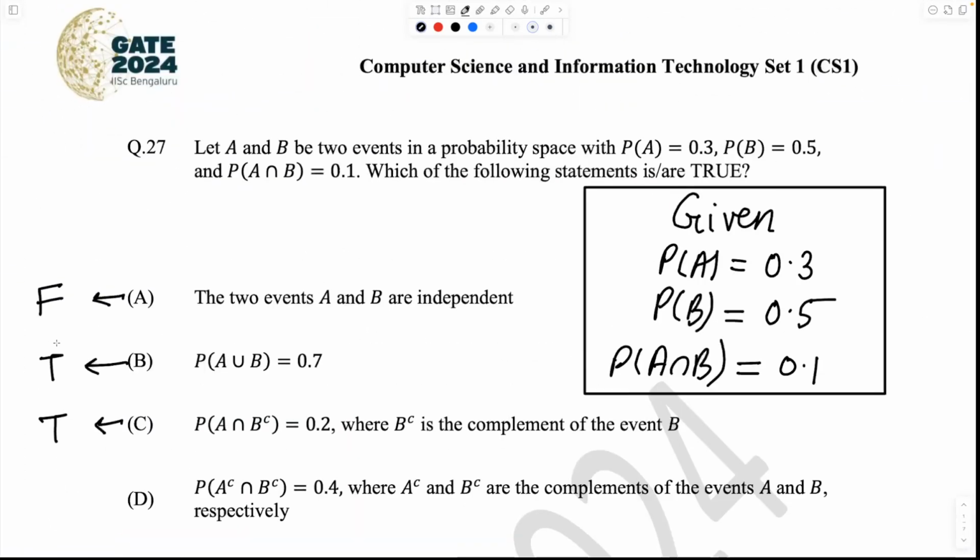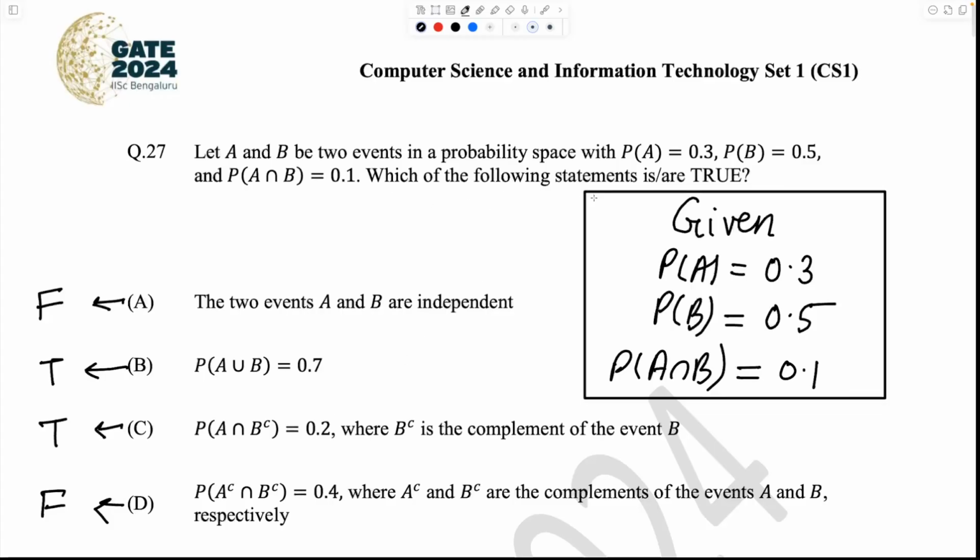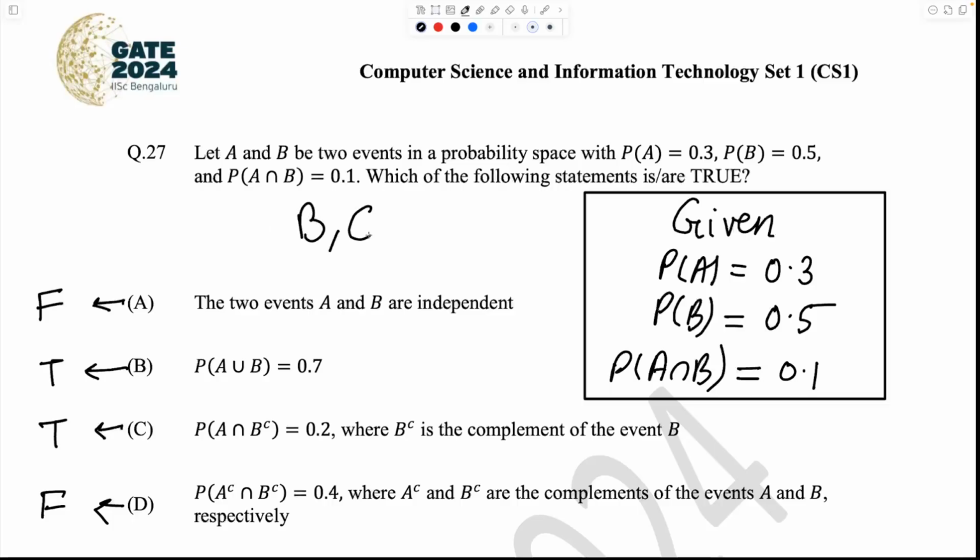So the fourth option's truth value is false. We have now taken out the truth value for all the options. The question is asking for the statements which are true, so we need to mention the options which are actually true. That is going to be B, comma C, and that is your answer.